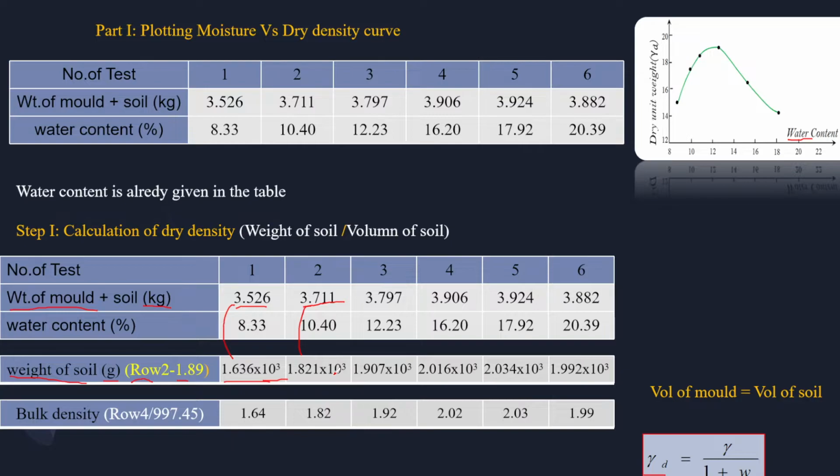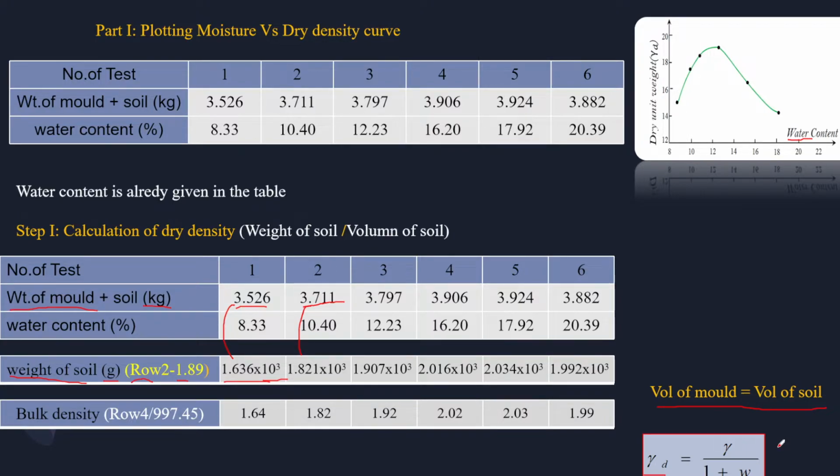Once we determine the weight of the soil, we can calculate the bulk density. The formula is the weight of the soil divided by the volume of the soil. How can we get the volume of the soil? The volume of the mold equals the volume of the soil, since in the Proctor test we take the volume of the mold used to compact the soil.